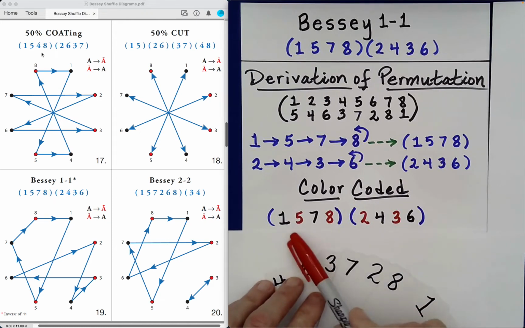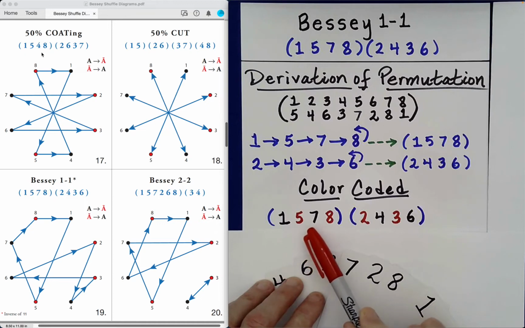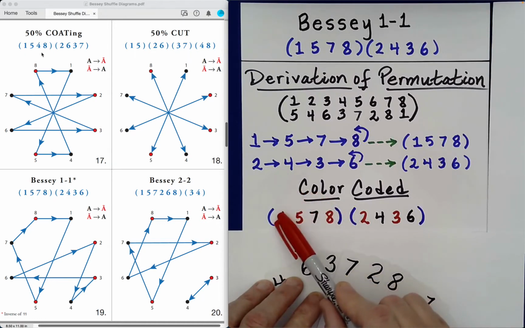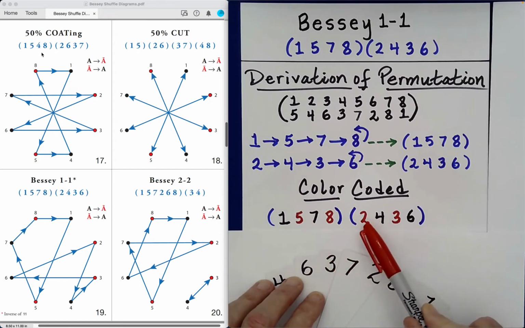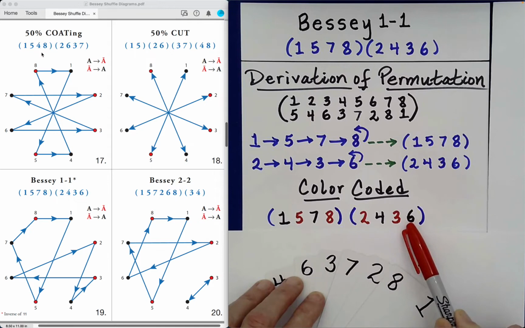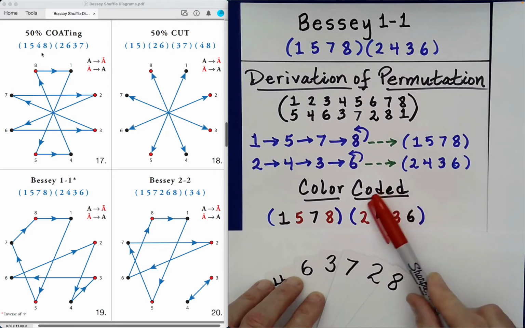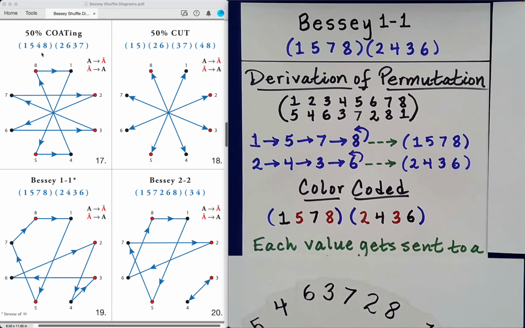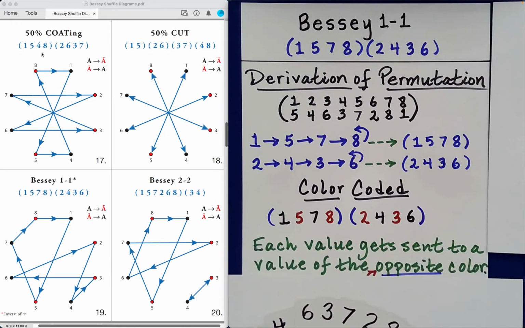So with that color coding, we see black 1 goes to red 5, which goes to black 7, which goes to red 8, which wraps around and goes to black 1. Red 2 goes to black 4, which goes to red 3, which goes to black 6, which wraps around and goes to red 2. So we see here that each value gets sent to a value of the opposite color.